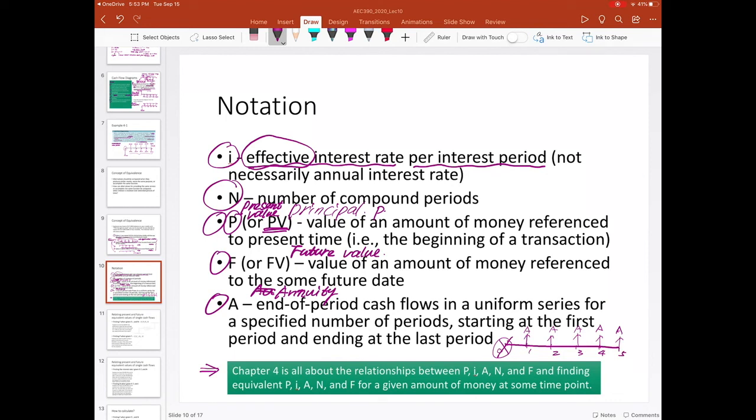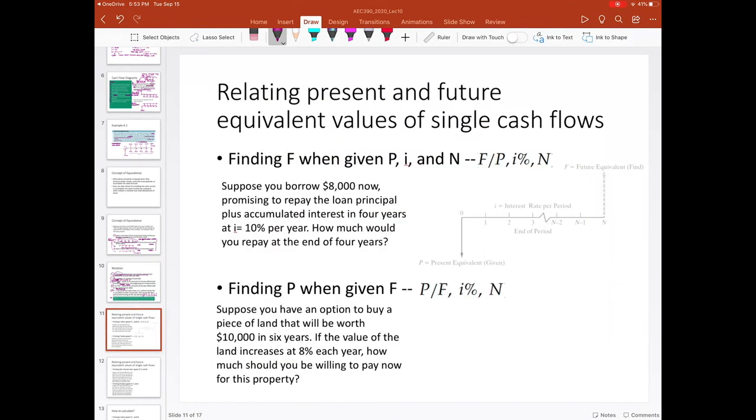How do you convert the cash flow to a future value, or to the present value, or to a new annuity, right? This is all about chapter 4. So you want to know how to play with these letters I, N, P, F, A.